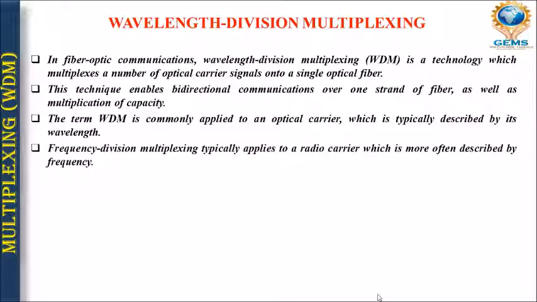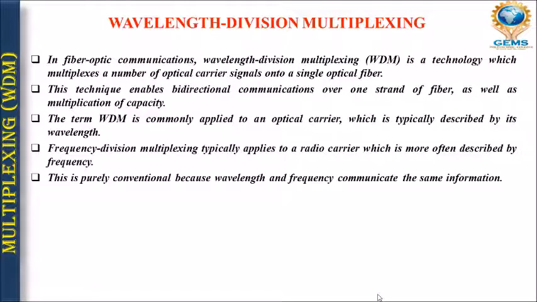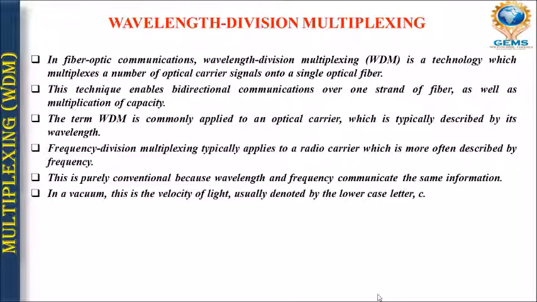Truly speaking, FDM typically applies to a radio carrier, which is often described by its frequency, right? And this is purely conventional, because wavelength and frequency communicate the same information. So there is a similarity between FDM and WDM. In vacuum, the velocity of light is denoted by small c.